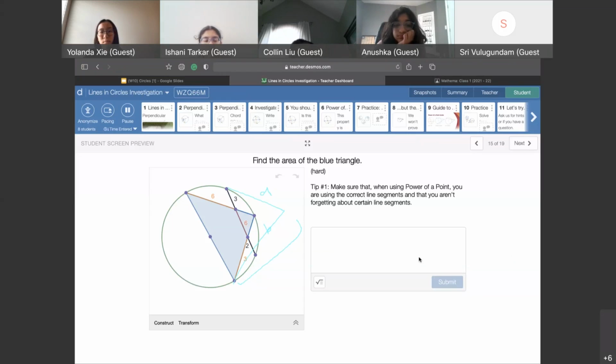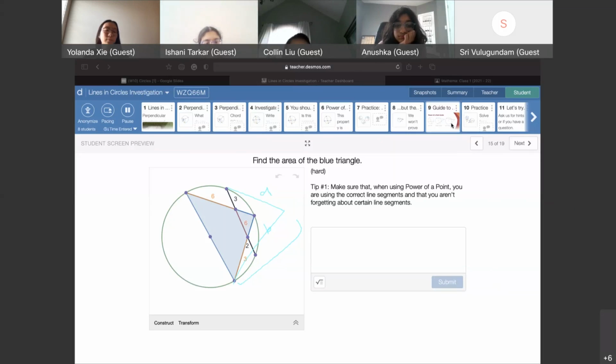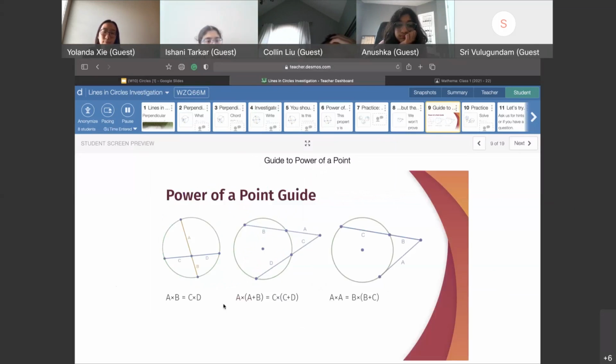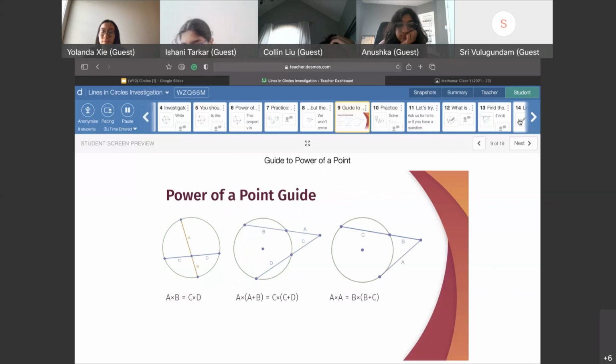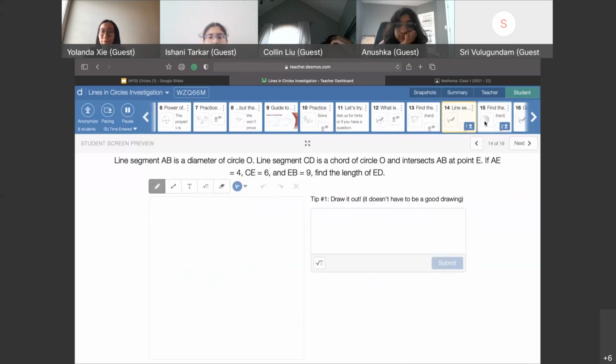So it would have to have a point outside the circle. So you would have to make your own lines for this question? No, you would not. You have everything you need to solve this question right here. You would only use this first one right here. That's the only one you need to use.